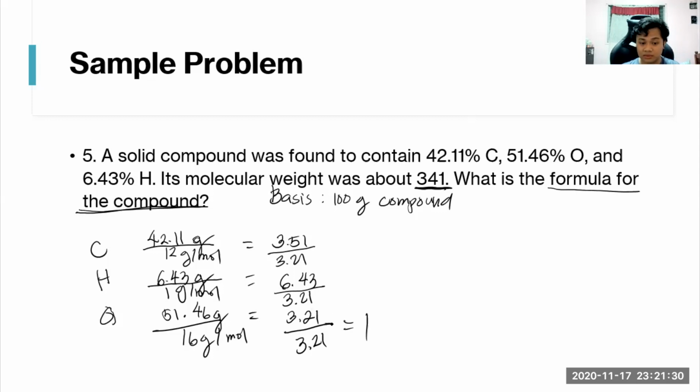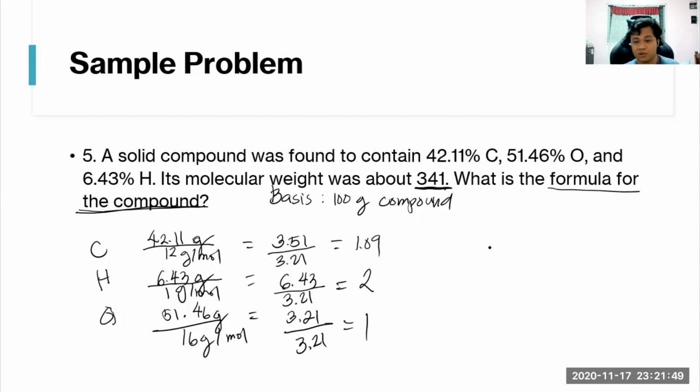So we have oxygen 1, hydrogen approximately 2, and carbon 1.09.